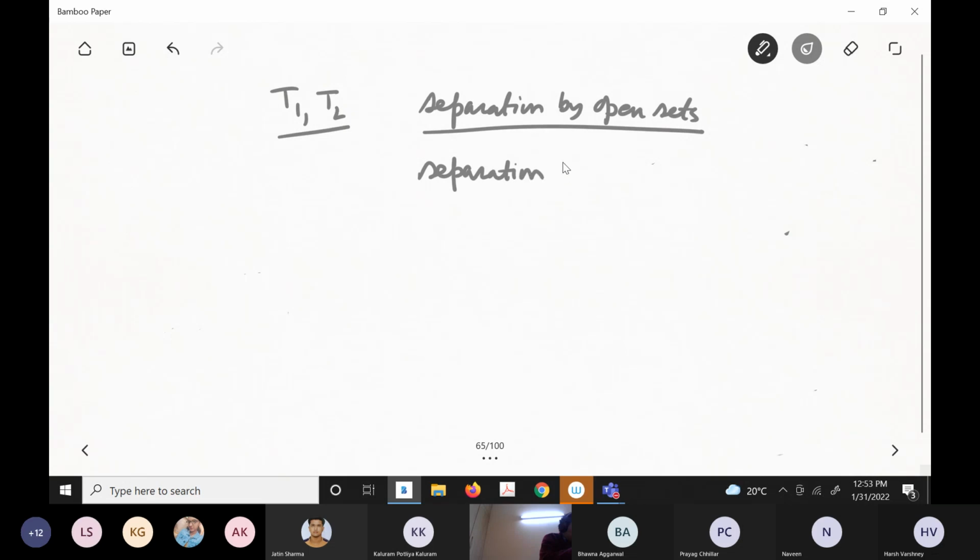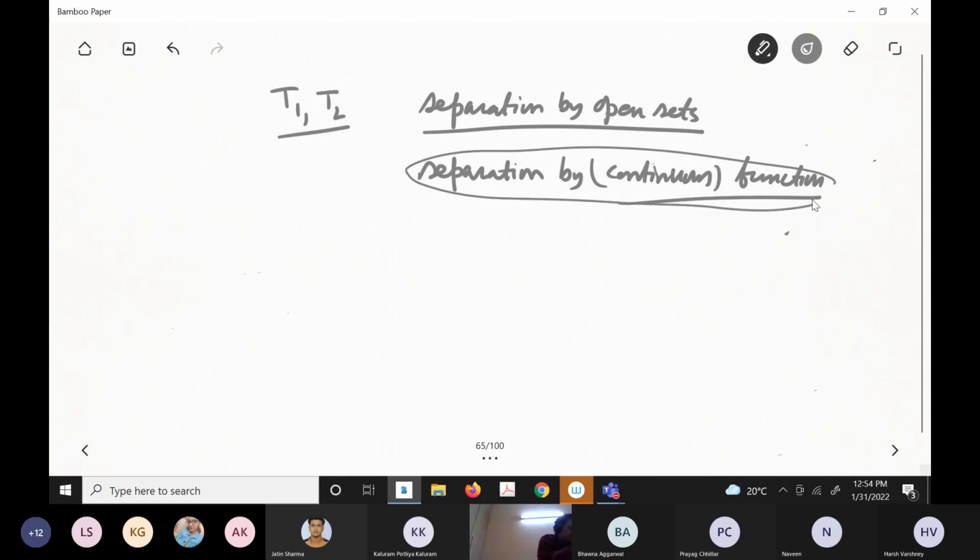What do I mean by continuous function? What does it mean? Because in analysis also we actually bank more on this separation by continuous function. Here, look at this.